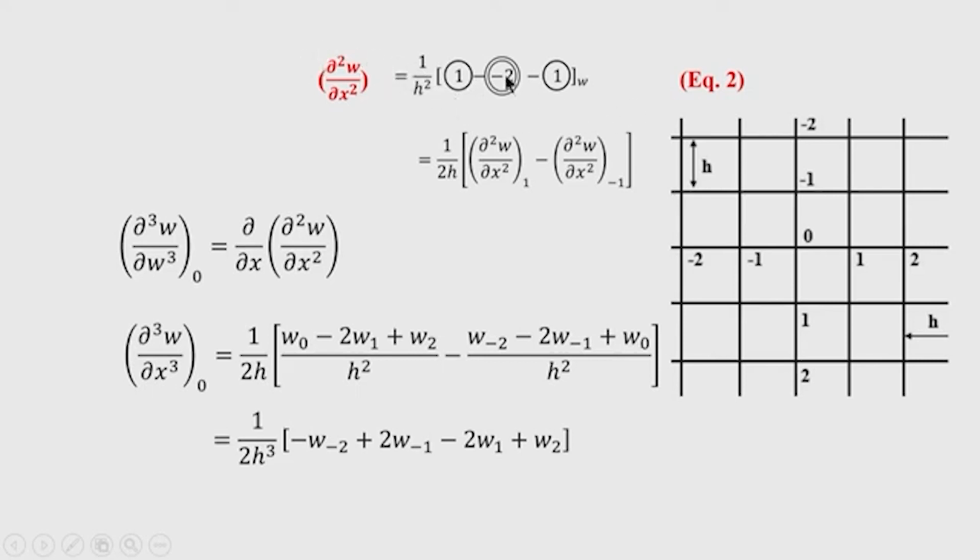So the coefficient of deflection at the concerned node, that is node 0, is minus 2, and towards right it is 1 and towards left it is also plus 1. So these are the coefficients.